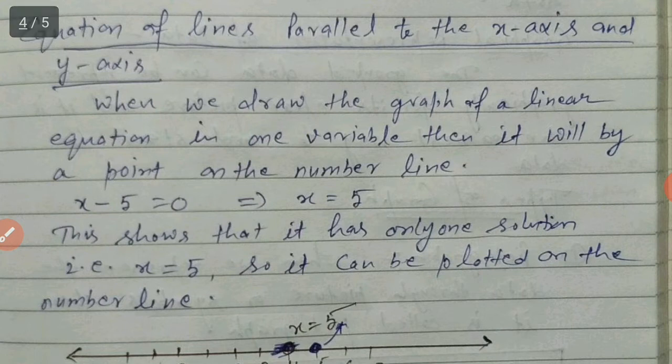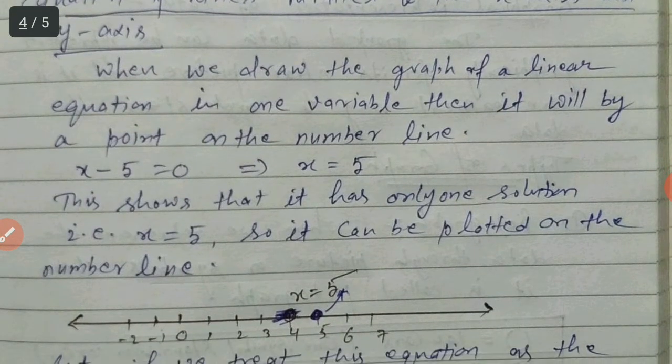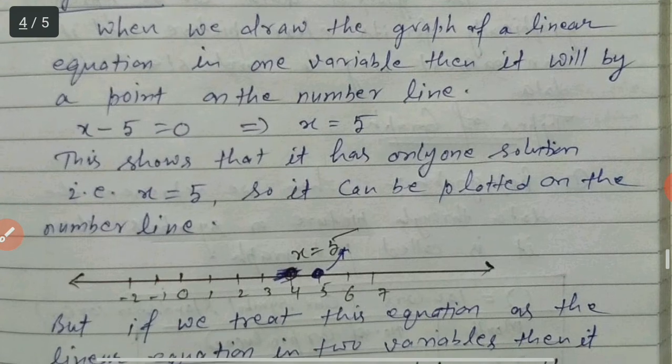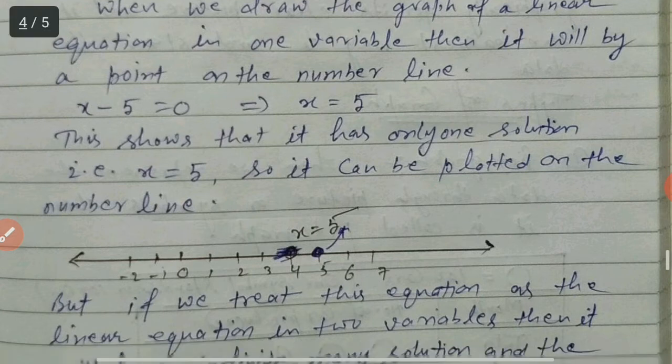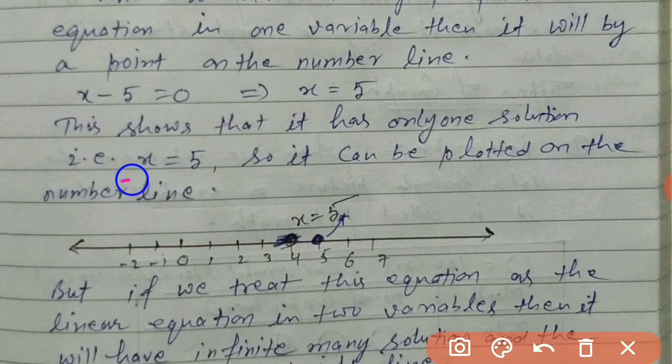When we draw the graph of a linear equation in one variable, it will be a point on the number line. Suppose x minus 5 equal to 0, which implies that x equal to 5. This shows that it has only one solution, that is x equal to 5. So it can be placed on the number line.